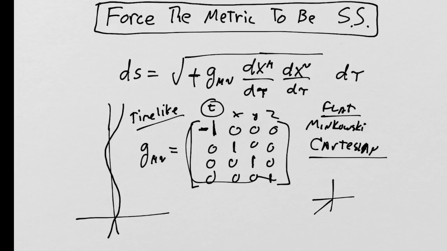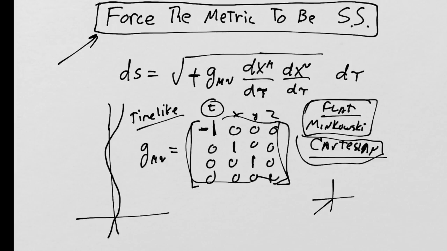Now, this is the metric in Cartesian coordinates. So today, to begin our topic, where we force the metric to be spherically symmetric, we have to think about the flat Minkowski metric in spherical coordinates. The reason we need to do this is because the solutions we seek are going to have boundary conditions.